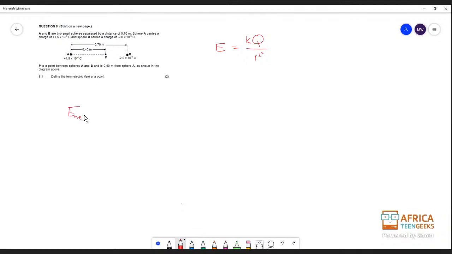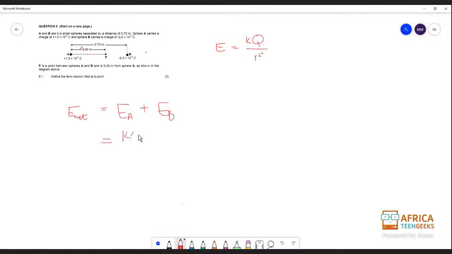So I'm going to say that I have an electric field coming from A. This positive charge is exerting its positive electric field, if I had to draw the lines in there, on P. And then you've got B, which is having its lines go inwards, but it's also exerting a force on P. So I'm going to work it out for A, and I'm going to work it out for B. So I'm going to say my net electric field is equal to my electric field from A on P plus my electric field from B. And then I'm just going to substitute this in there.